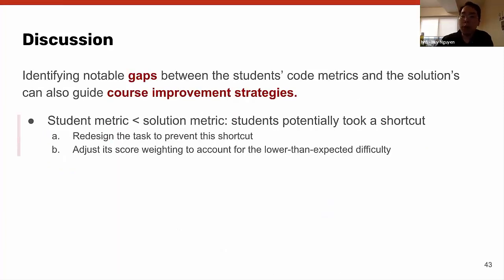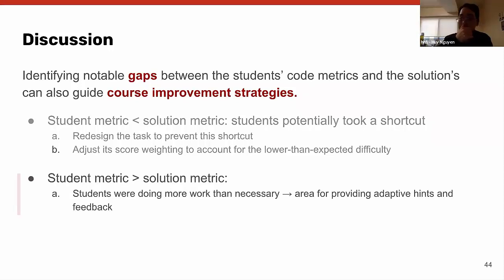At the same time, we found that identifying notable gaps between the students' code metrics and the solutions can also guide course improvement strategies. In particular, if most students' code has lower metric values than the solution code, then students likely made use of a shortcut that the instructor did not anticipate. So in response to that, we should either redesign the task to prevent this shortcut or adjust the score weighting to account for the lower than expected difficulty.